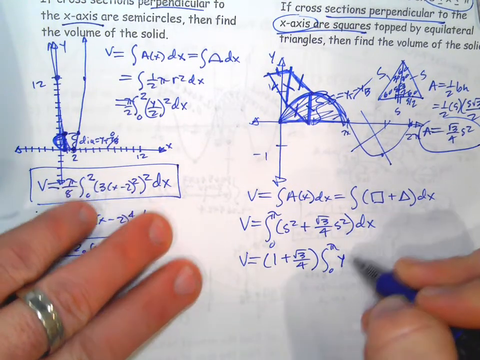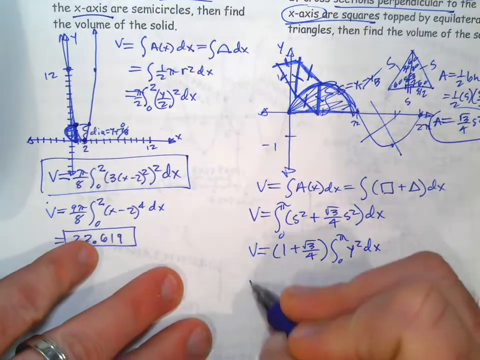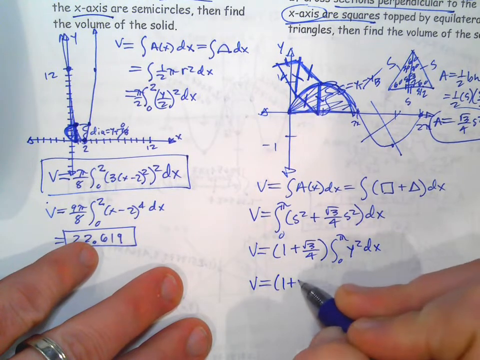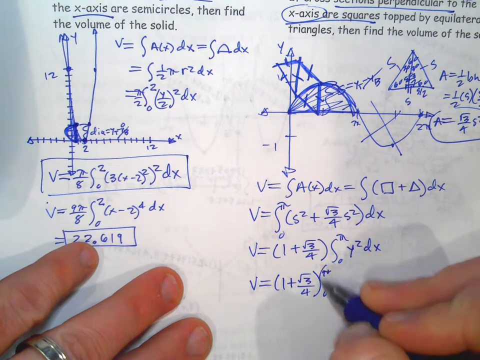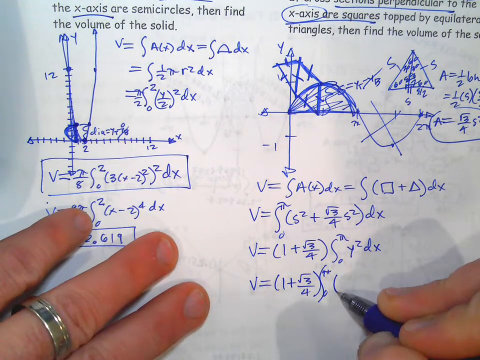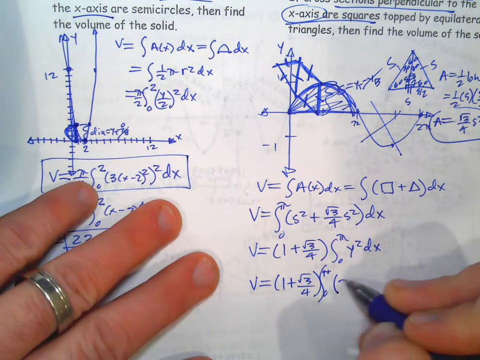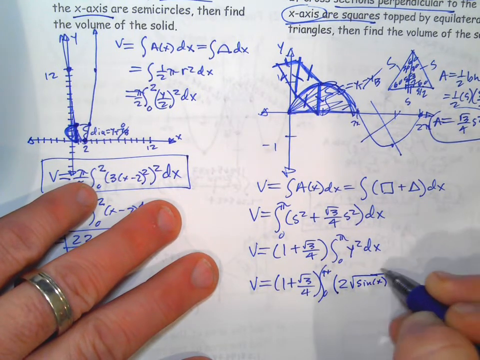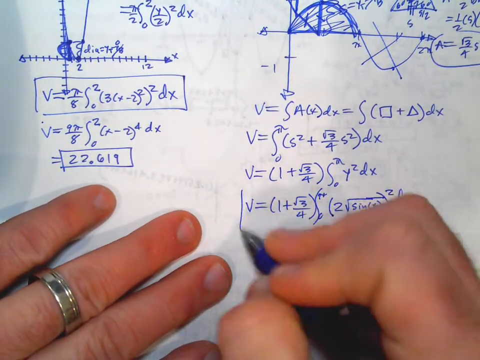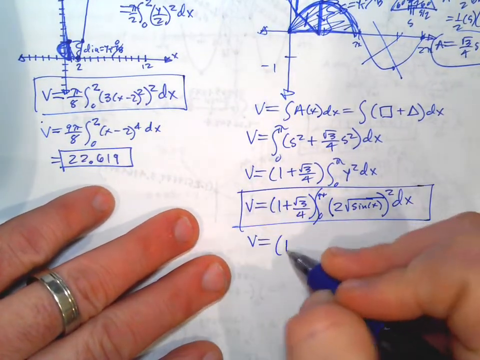But we need the y values in terms of x. So it's just y top, which is this function 2 square root of sine x, squared. So we could clean this up a bit. Not that you have to. I mean, this could be your setup.